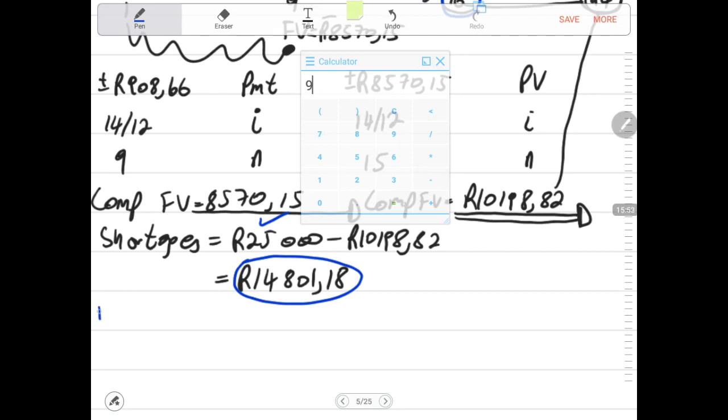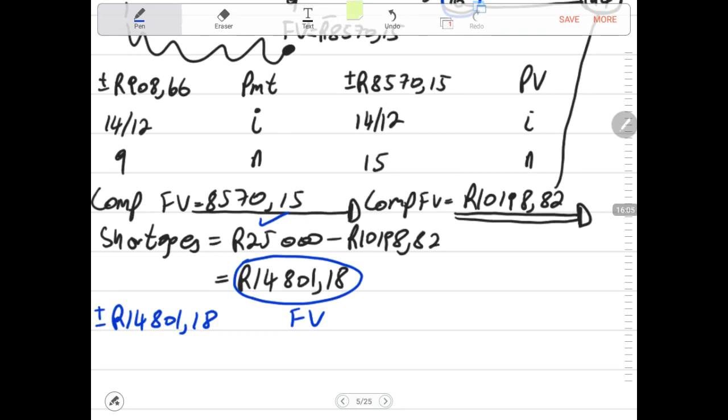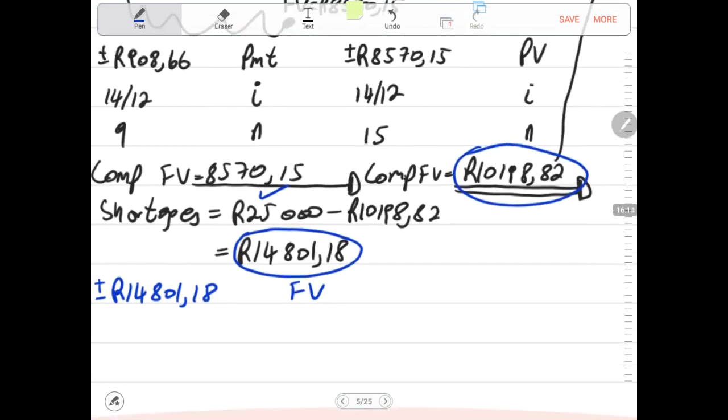So that means the remaining balance is the balance that we need in the future, plus minus 14,801 rand 18 cents, in order for us to get to the 25,000 that we want. Because currently at the end of 2 years, this is what is in the account, considering the fact that 6 payments were missed.